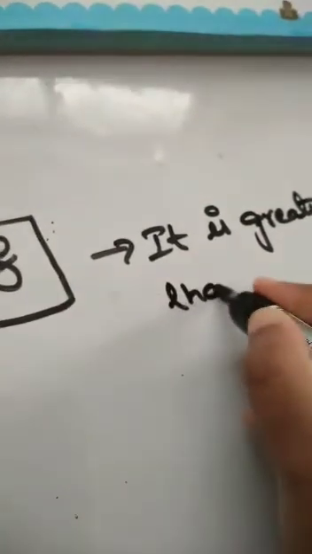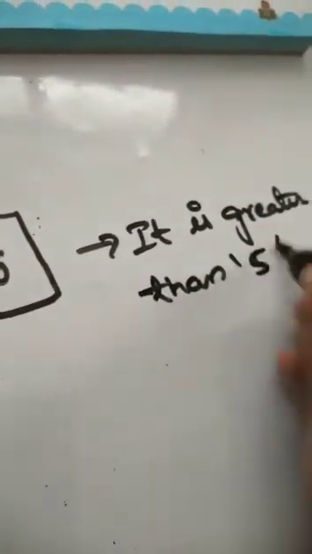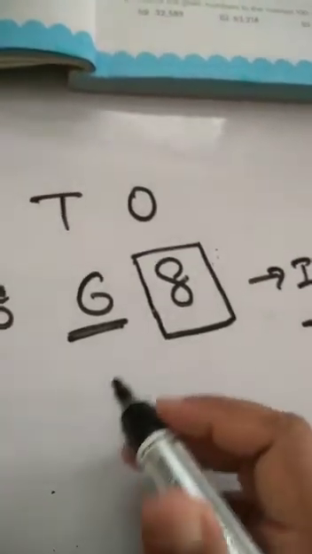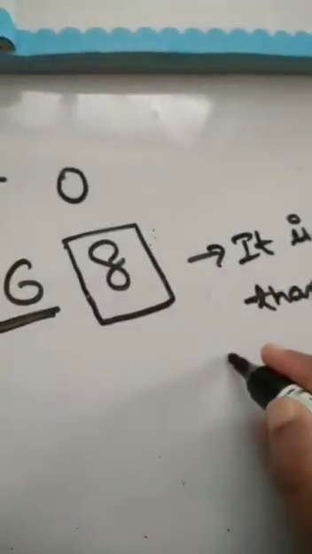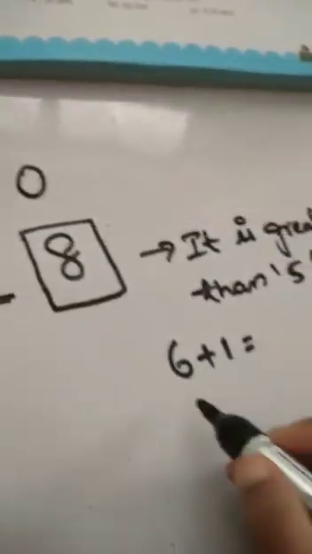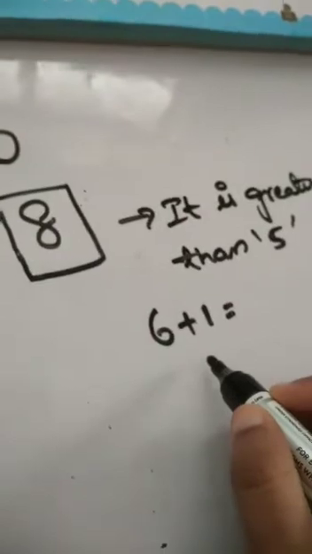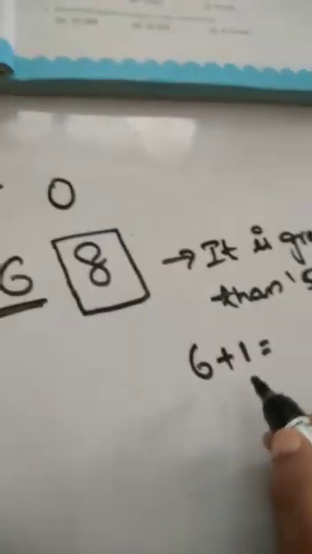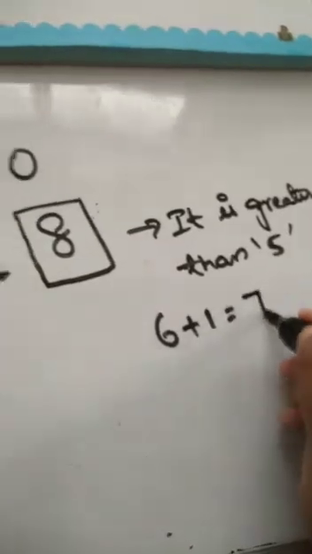If it is greater than 5, add 1 to the tens place. Then 6 plus 1 becomes 7.